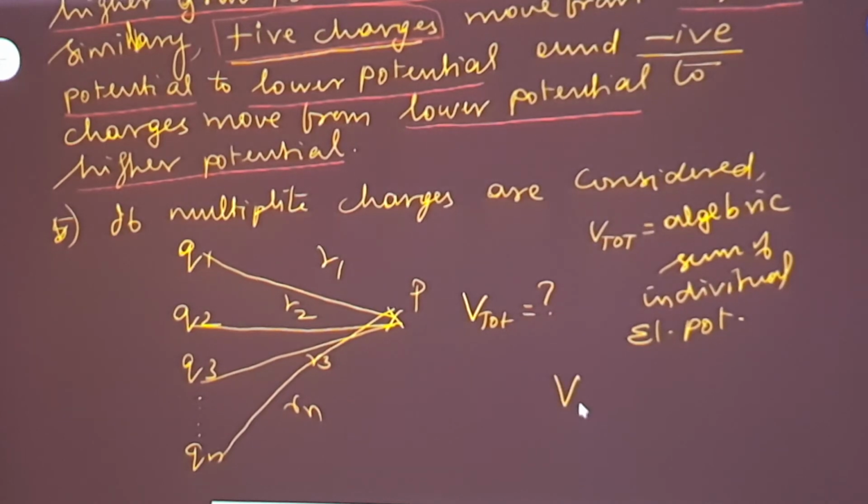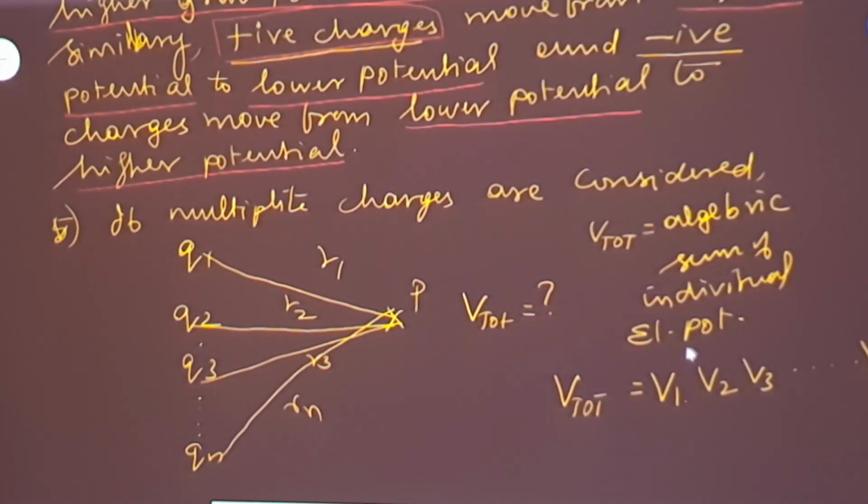That is, due to Q1 this point will have a potential V1, due to Q2 the potential at point P is V2, due to Q3 it is V3, and so on, and due to Qn the potential is Vn.